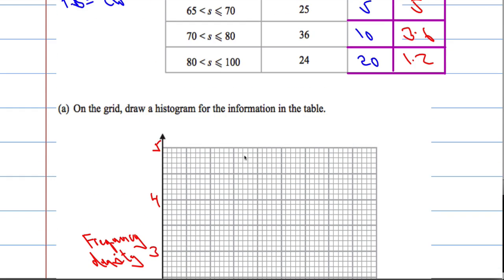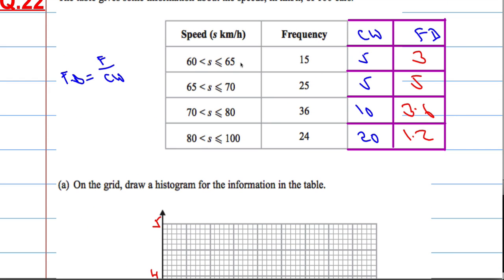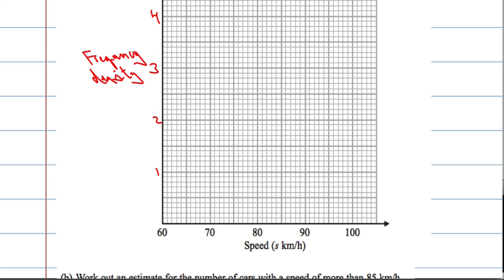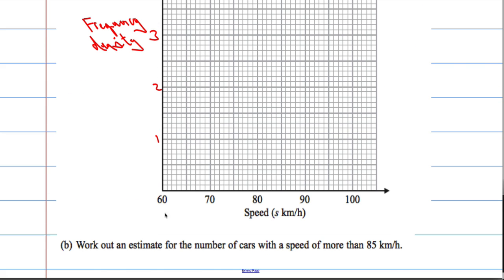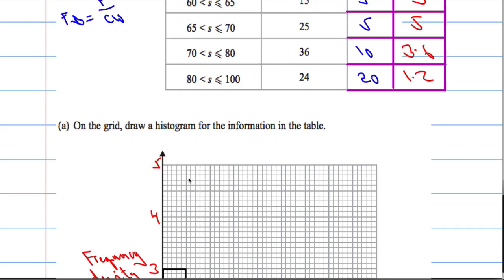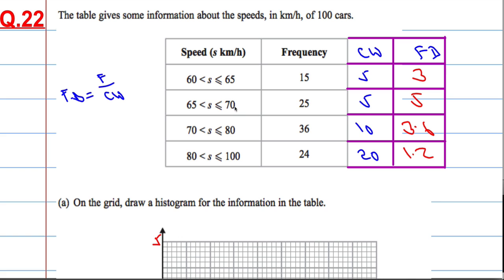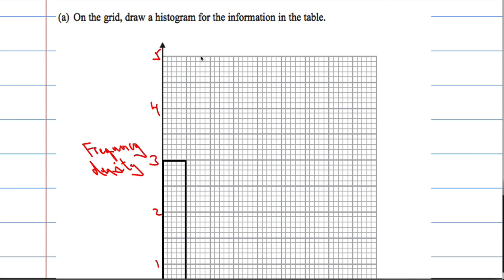Okay, so for the first one we go from 60 to 65, and it's got a frequency density of 3. So let's get the box to make life a little bit easier for me. From 65 to 70, frequency density of 5.